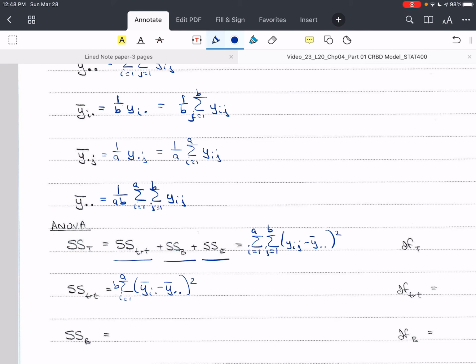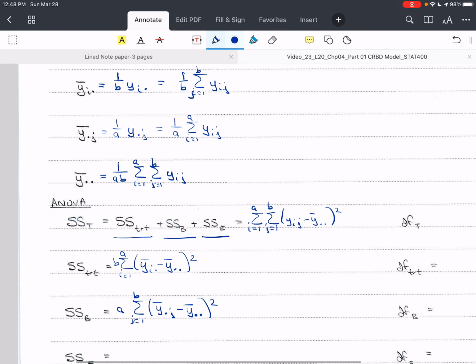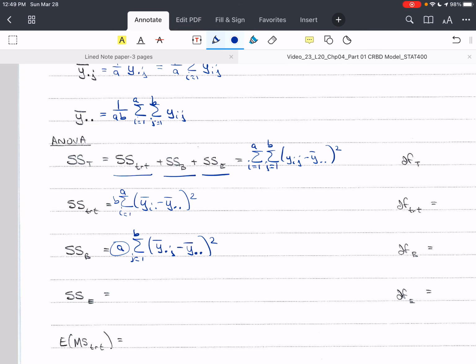And then the sum of squares for the blocks is a times the sum of j equals 1 to b of y dot j bar minus y dot dot bar quantity squared. So this is the block means minus the overall mean, those differences squared and added up. And when we sum across a, there's no subscript i there, so we just multiply the whole thing by a.